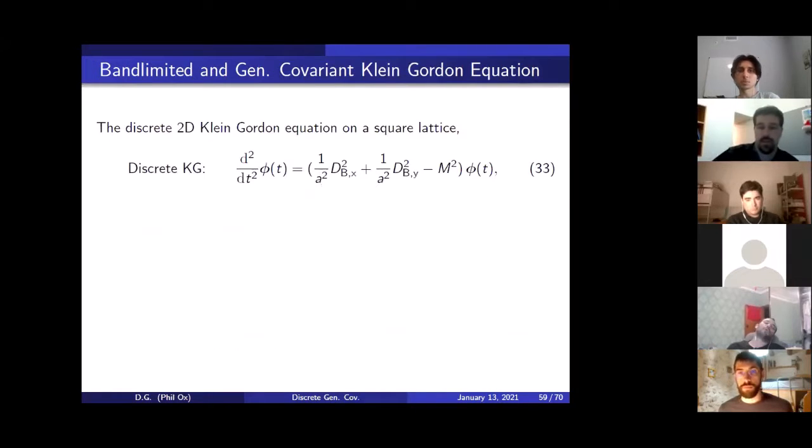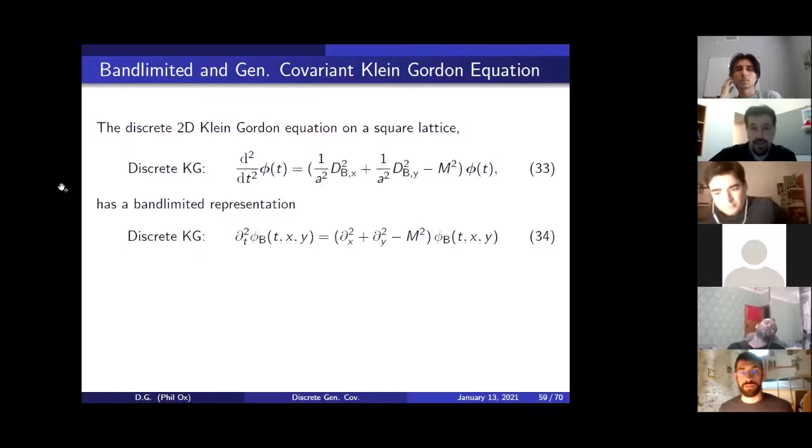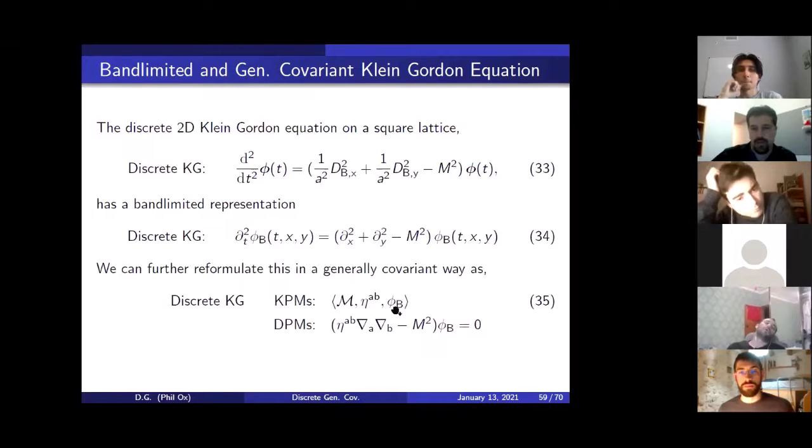Right. Let's go through the same rigmarole with the Klein-Gordon equation. So here's the discrete 2D Klein-Gordon equation with these infinite range derivatives, or infinite range derivative approximations, you might want to call them. Anyway, you can give this a band limited representation, and then you can give it a generally covariant representation like this.